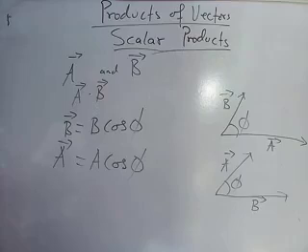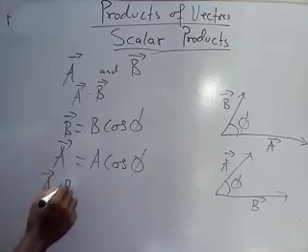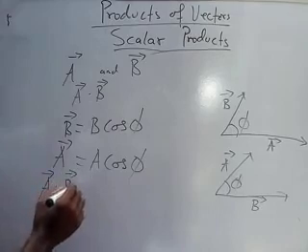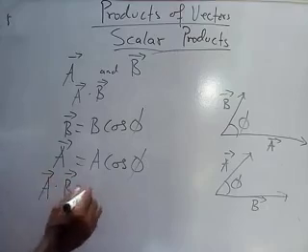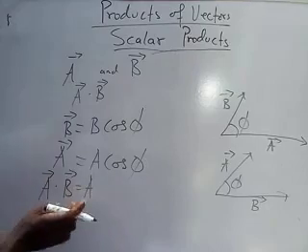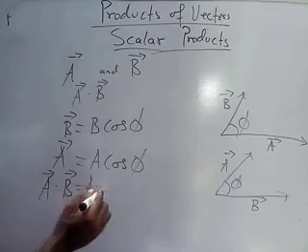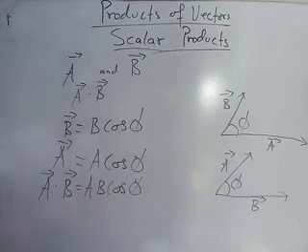Having this in mind, vector A dot vector B is now the scalar A times B cos phi.